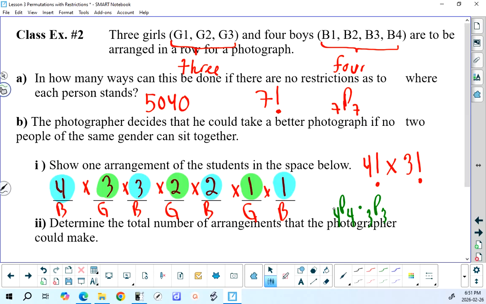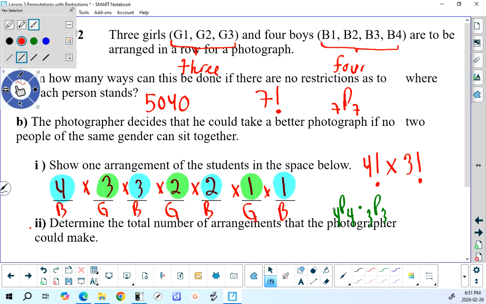I realize now, everybody, that I didn't actually answer number 1. What I have answered is part B 2. I'm never trying to confuse you, but this is the answer to 2. The answer to 1 just said show one such arrangement.